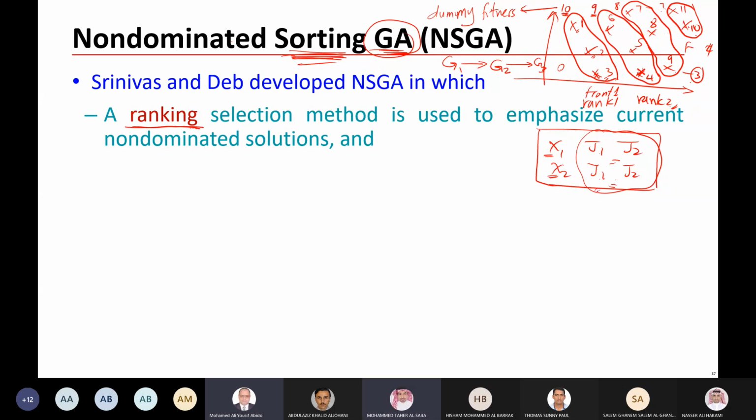Dominance condition. Ji is less or equal, and at least one of them is less. Exactly. For all, and there exists at least one. Clear, doctor.